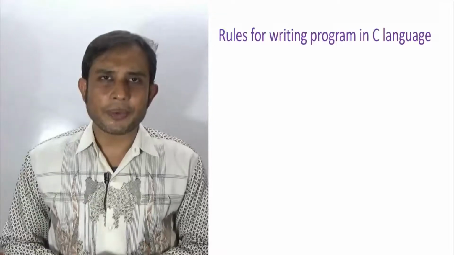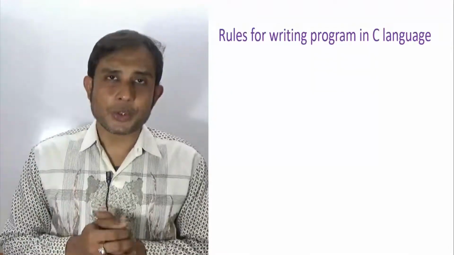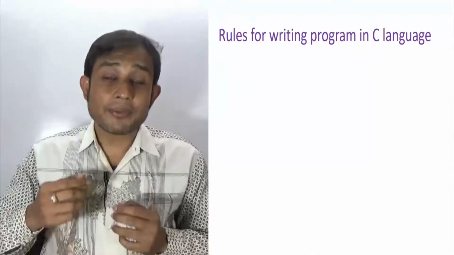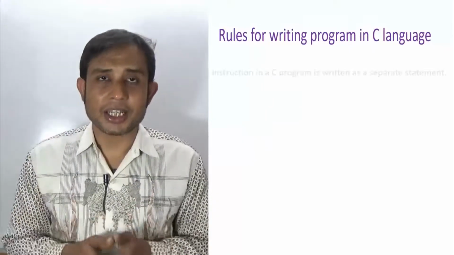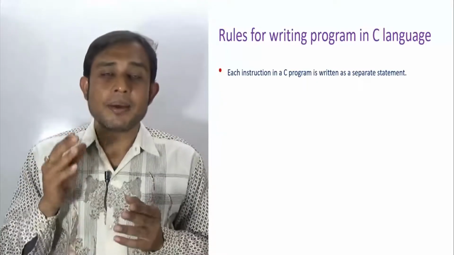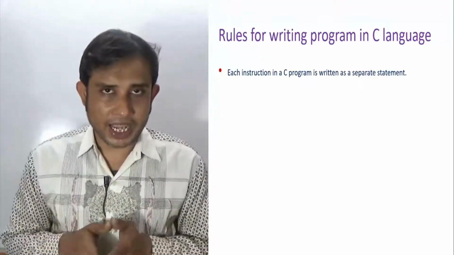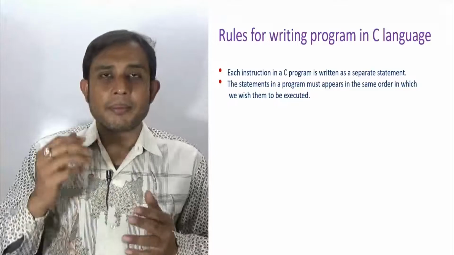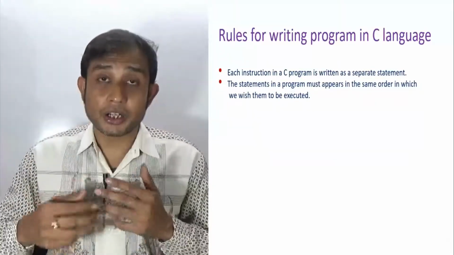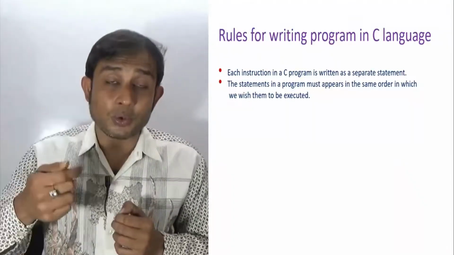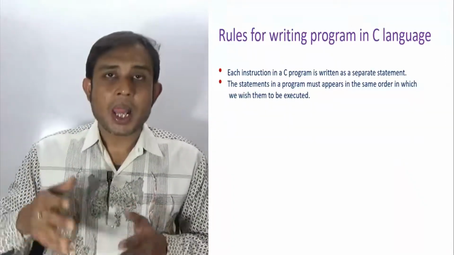In C programming languages, whenever we write any kind of program, we have to follow some rules. Each instruction must be written in a separate line. Each statement must appear in the order in which we would like to execute them.